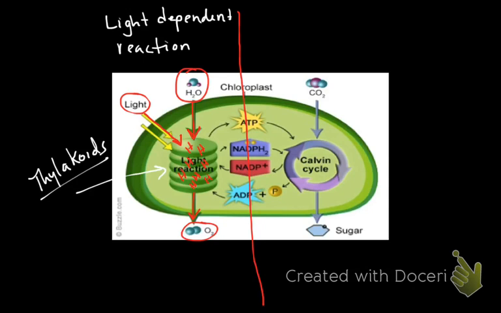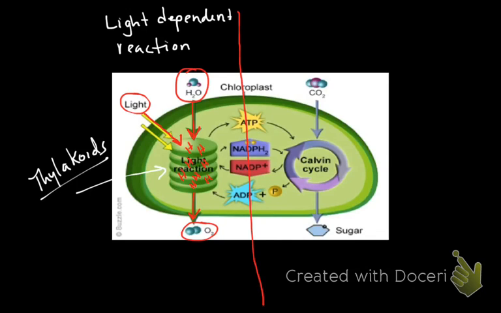Light comes into the thylakoid, water comes into the thylakoids, the light hits the water, splits the molecule, keeps the hydrogens inside, and gets rid of the oxygen. Now, all those hydrogens get picked up by two molecules that we talked about.